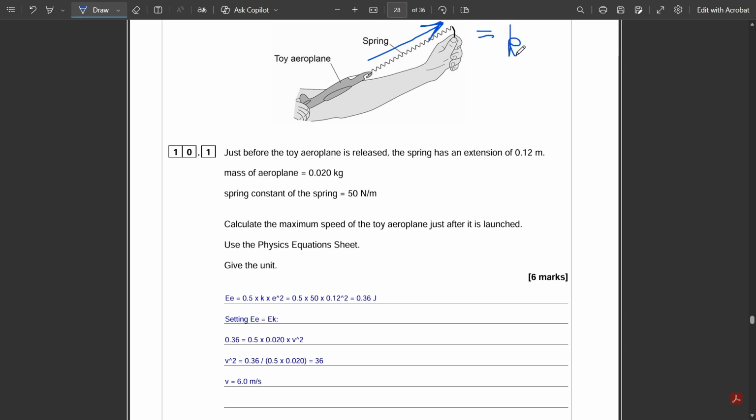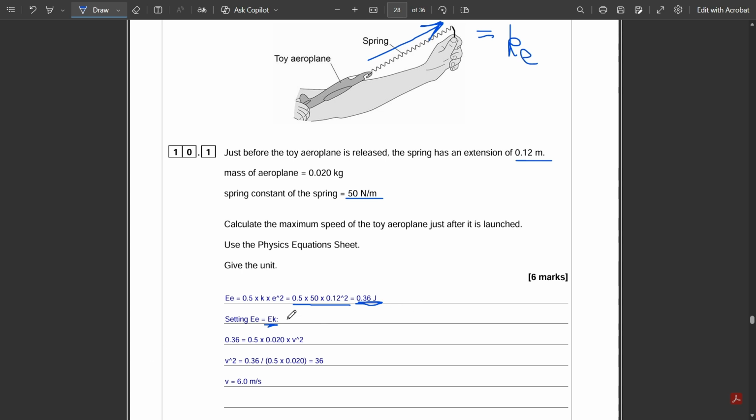So what we simply have to do here is obtain the elastic potential energy using the formula 0.5 times k times extension squared, which is 0.5 times 50 times 0.12 squared, getting the spring constant, the extension, and 0.5, which just says 0.5 in the formula book, and that gets you an answer of 0.36 joules. And then you simply set the 0.36 joules equal to the kinetic energy. You get 0.36 equals 0.5. You could have probably just cancelled the 0.5.